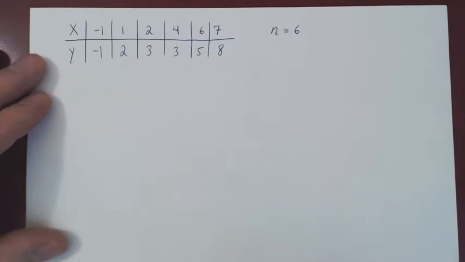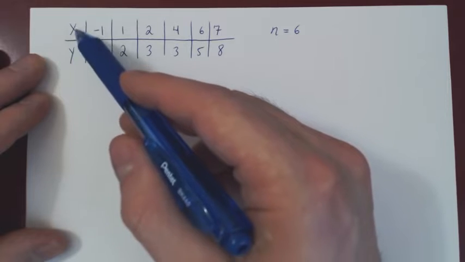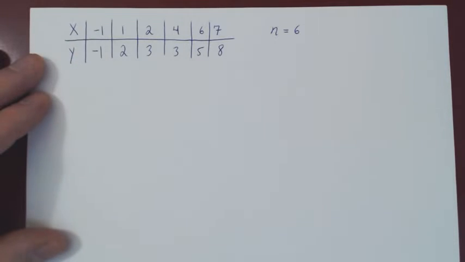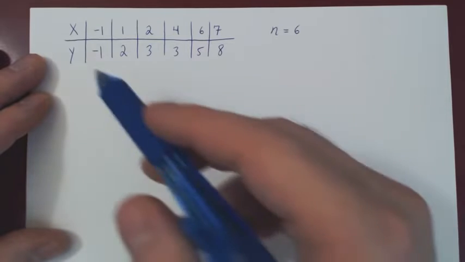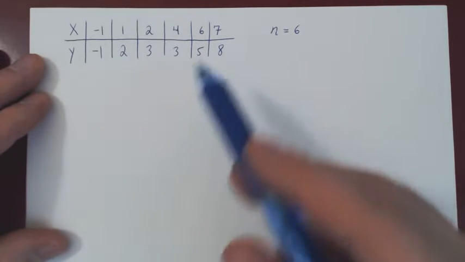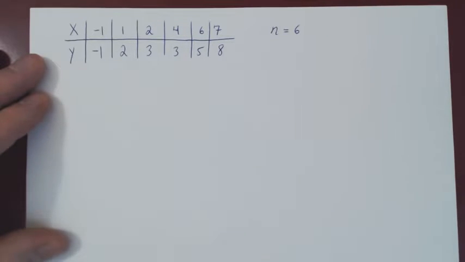Now, of course, the question is, does there exist a linear relationship between the two stocks, between the two variables? And if there is, how good is it? So, of course, we will find the linear relationship with the line of least squares. And to measure how good of a linear relationship it is, this will be given to us by the coefficient of correlation.